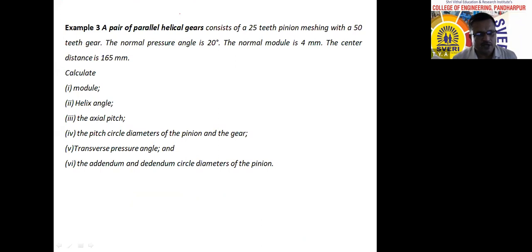Calculate first of all module M, helix angle psi, axial pitch PA, DP and DG, transverse pressure angle alpha, and DAP and DFP, addendum and dedendum circle diameters of the pinion. We'll solve this problem and then we'll stop.